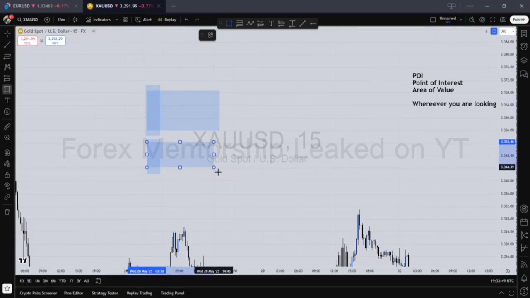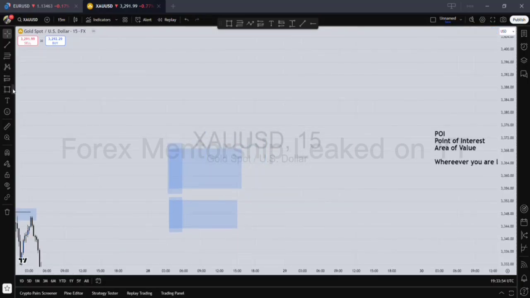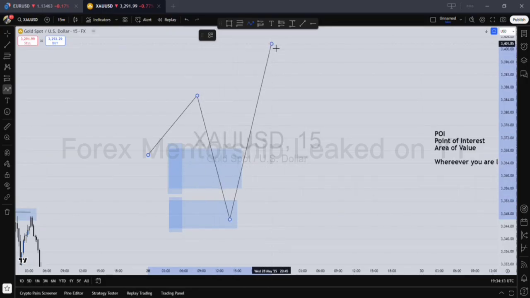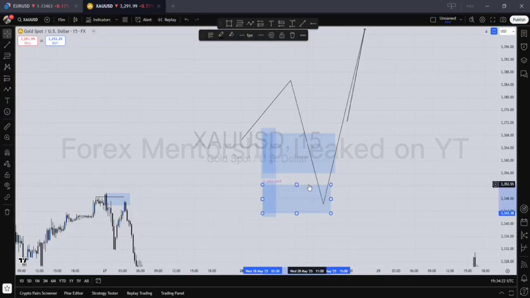If there is no obvious inducement or engineered liquidity at this first one, price will use this first one as the liquidity and come for the second one. So let's say price is coming up like this, and price is coming to tap in without inducement. The second one is the one you should look at first.